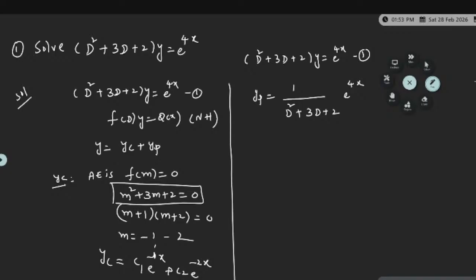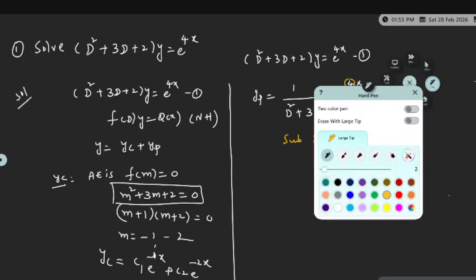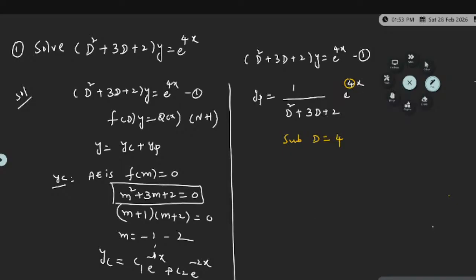That is the most important step, by moving D square plus 3D plus 2 to the right side. Okay, dear students, here what is the a value? A value. Now substitute D equal to 4 in the denominator. Now what is yp?